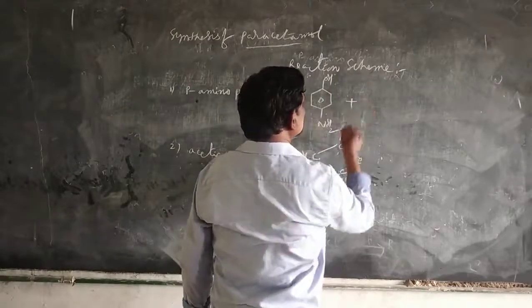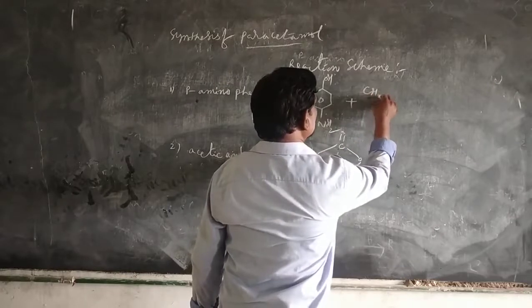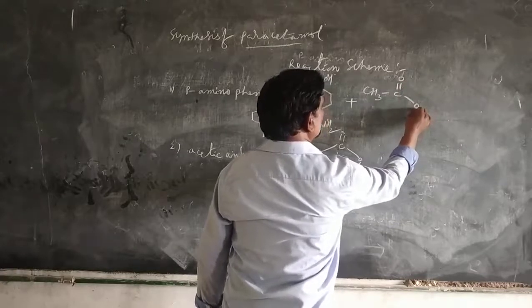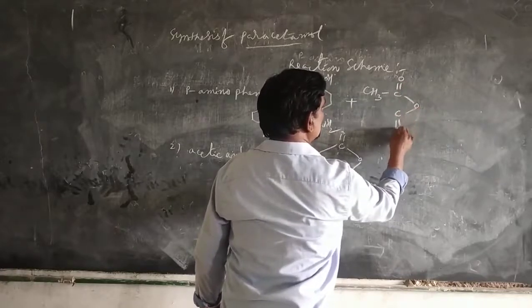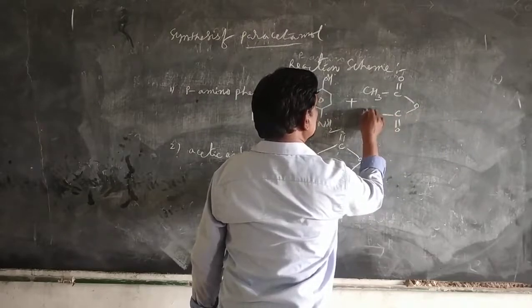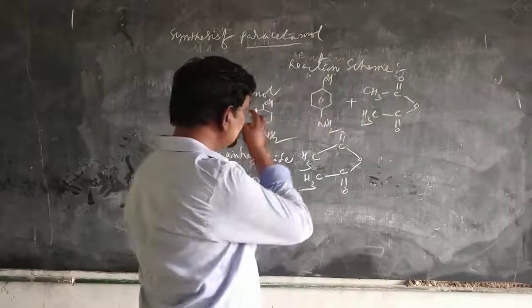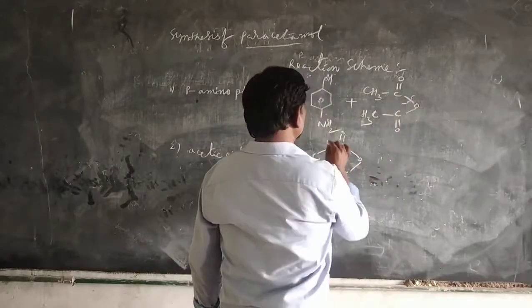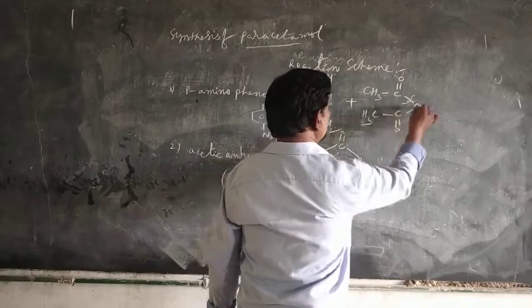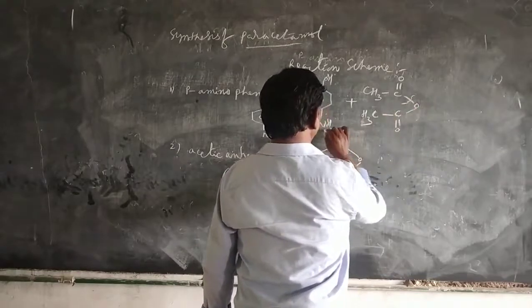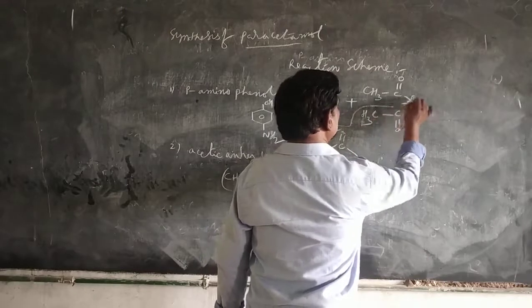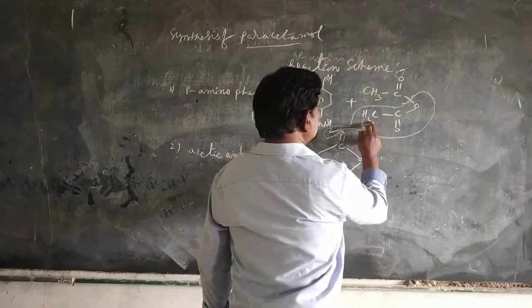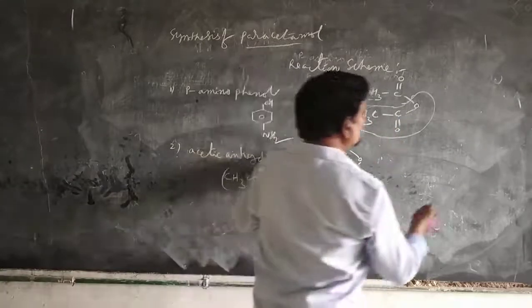It is treated with acetic anhydride, CH3CO O C double bond O CH3. In this reaction, the bond breaks, and CH3COO minus attracts one proton, giving CH3COOH as the elimination product.